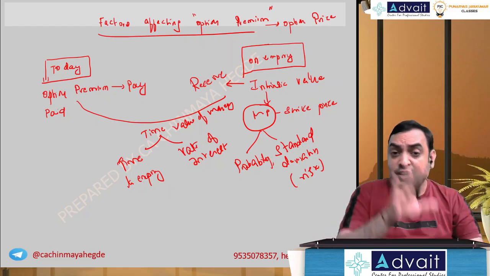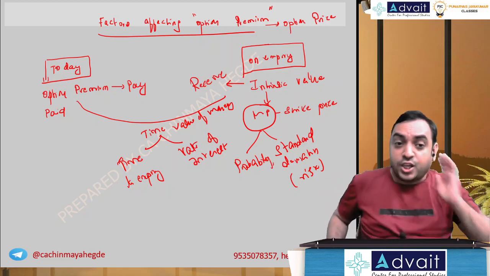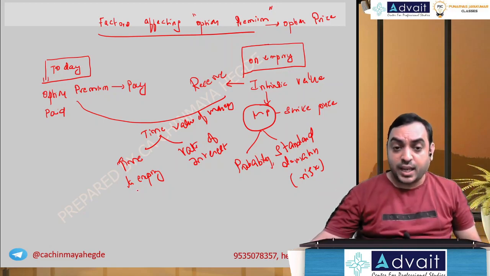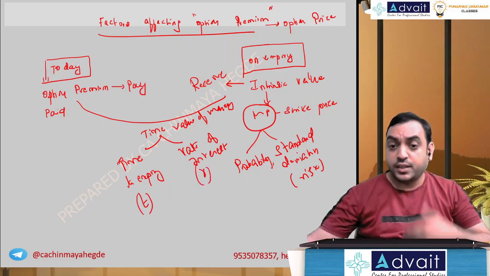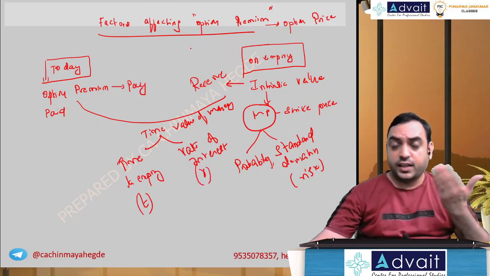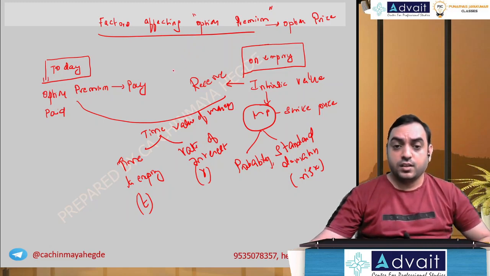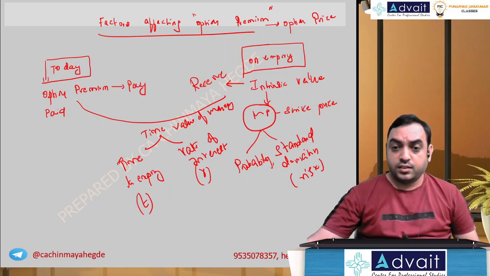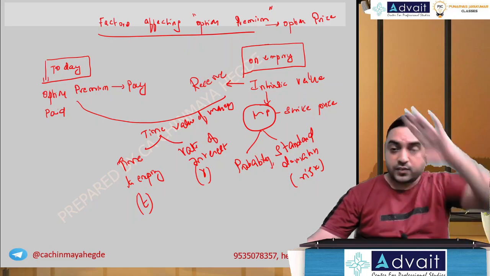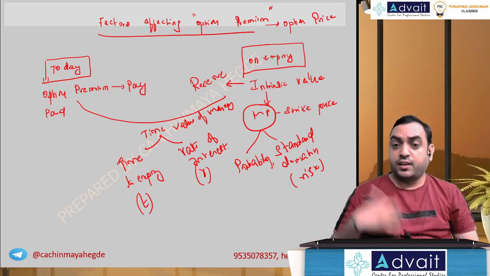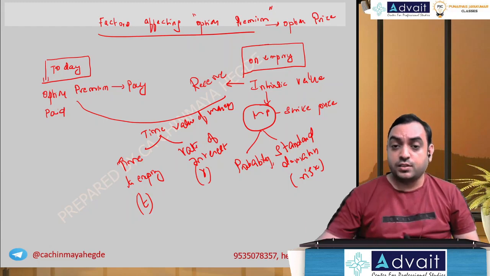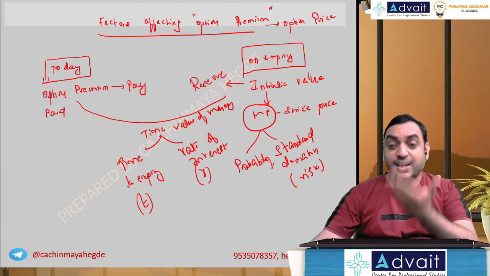So these are the various factors affecting option premium. That is time to expiry, rate of interest, probability or risk, whatever delta or rho or gamma, whatever it is. Time to expiry, rate of interest, probability, standard deviation, market price, strike price.